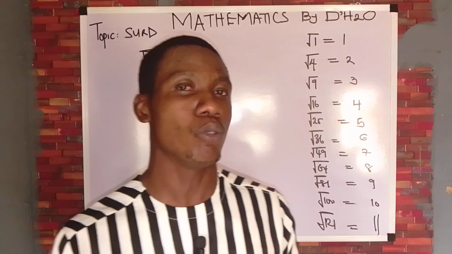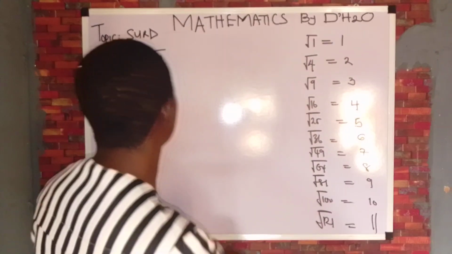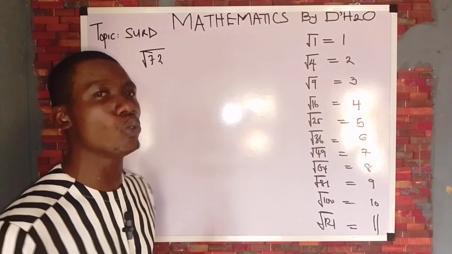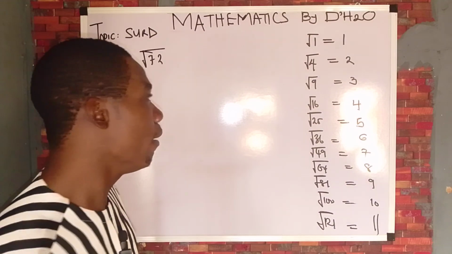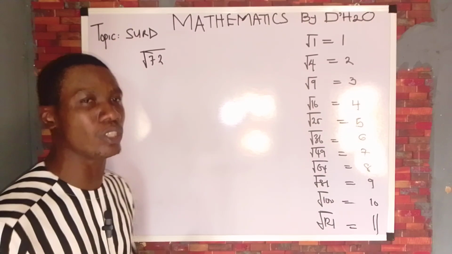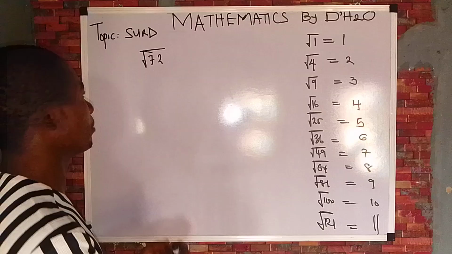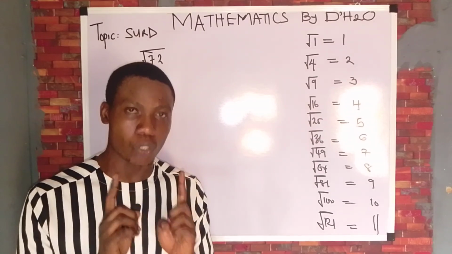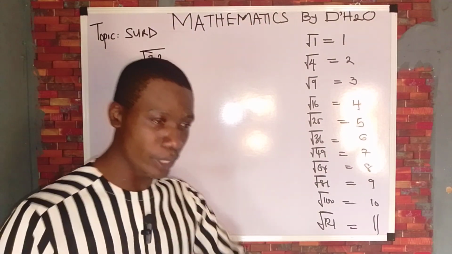So what do you have to do to 72? What you have to do is simply to simplify 72 into two numbers, one rational and one irrational. For instance, there are several multiples of 72. But the one that shall be considered will be the one that, of the two numbers, one has a square root and the other will be irrational.